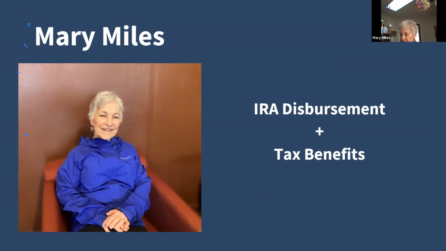And talking to my CPA and financial planner, they educated me on the fact that if you donate directly from your IRA, as I have, from a portion or all of your annual distribution, required distribution, I should say, there's no tax on that if it goes directly.